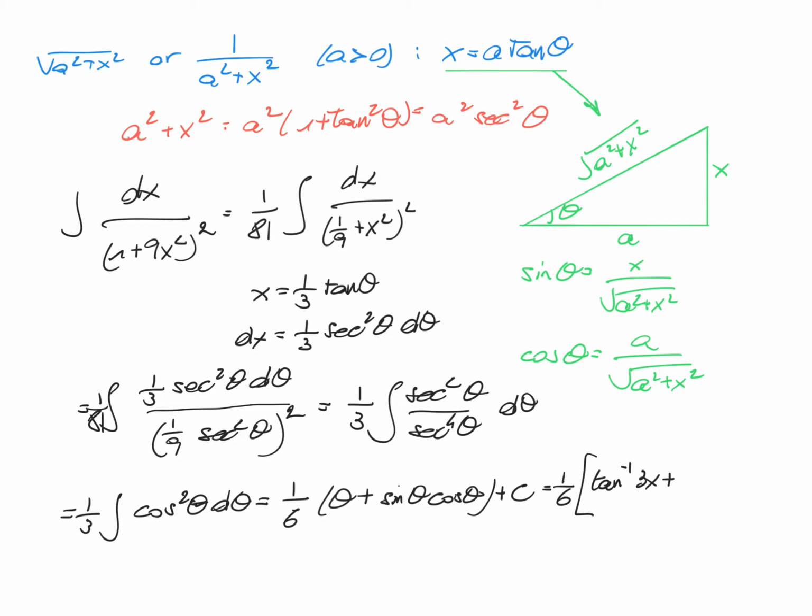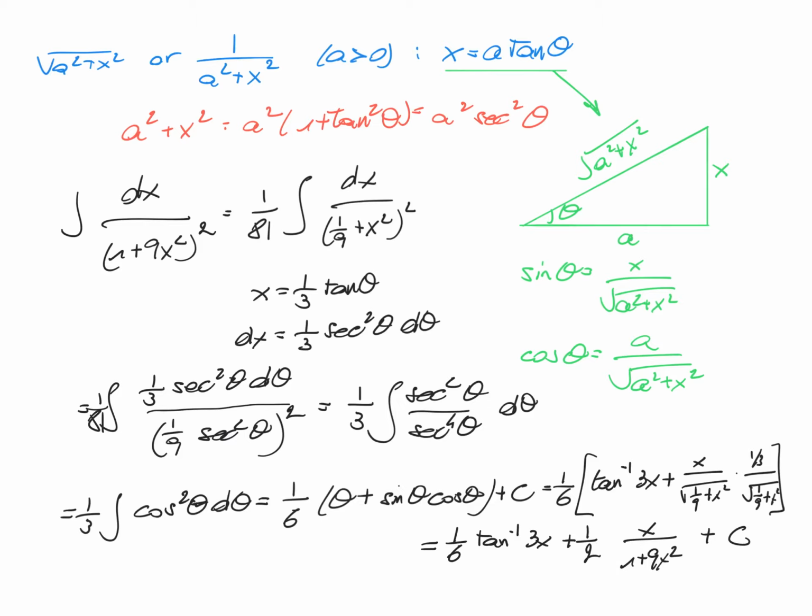So we get the sine, this is x divided by the root of 1 over 9 plus x squared, times the cosine, 1 over 3 over the same root. Which then becomes 1 over 6 tangent minus 1 of 3x plus 1 over 2 times x divided by 1 plus 9x squared, plus a constant.